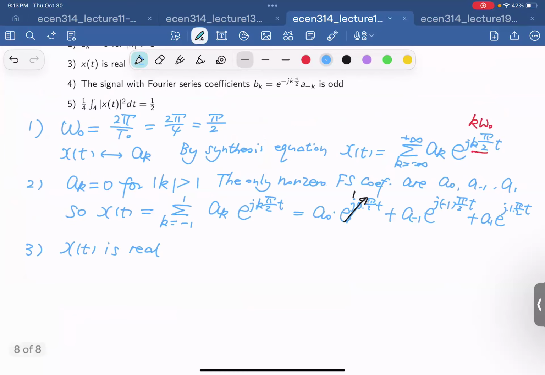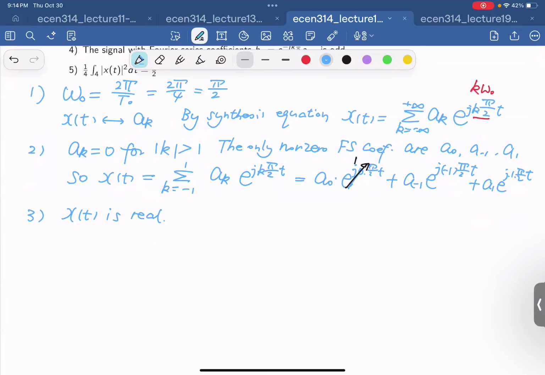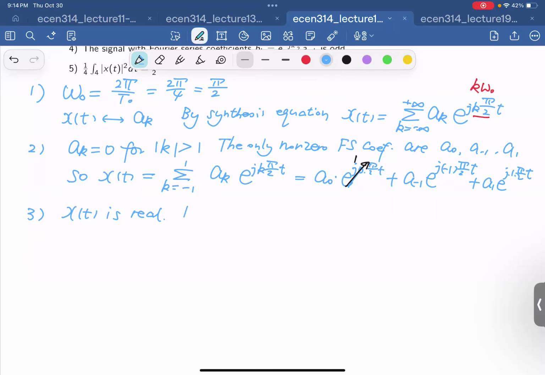So we reduced the question of finding x of t down to finding the only three non-zero Fourier series coefficients of this signal, a0, a sub minus 1, and a sub 1. Now that x of t is real, by the conjugate symmetry.